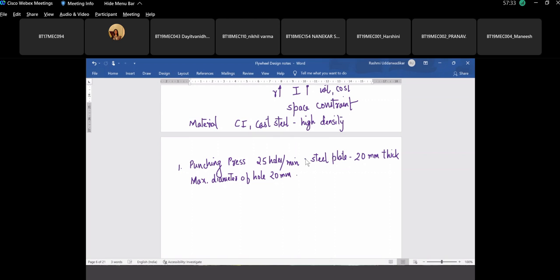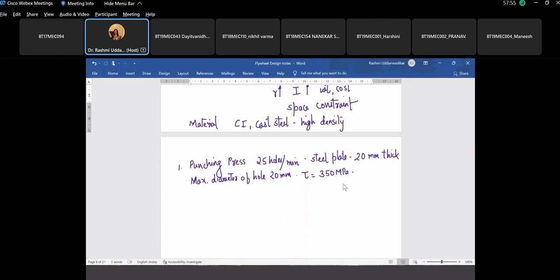And the ultimate shear strength is given as 350 MPa.